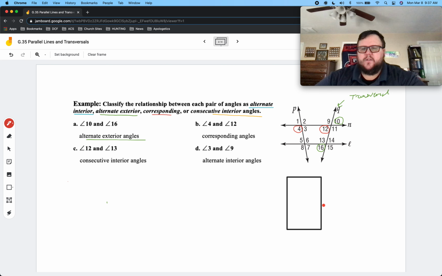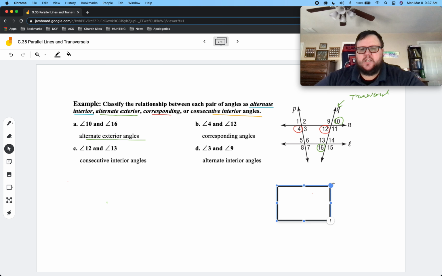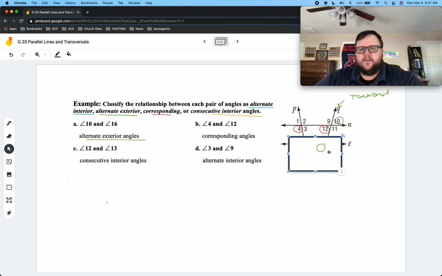Angles 4 and 12. So what that means is this. We're not even paying attention to this one here. Alright, so what we have is P and Q are our lines, and N is our transversal in this case. So for this one, N is our transversal.